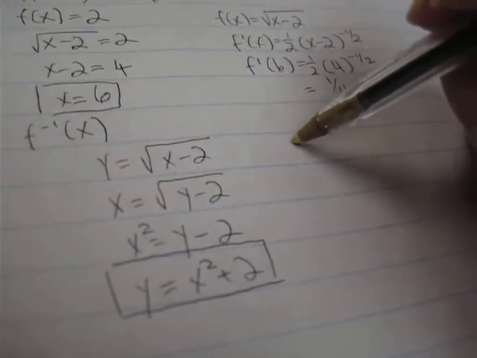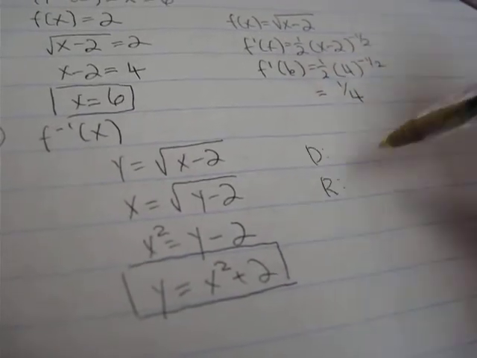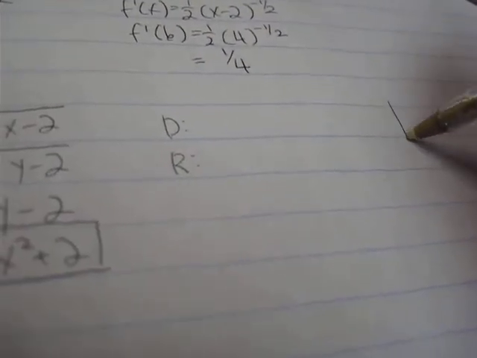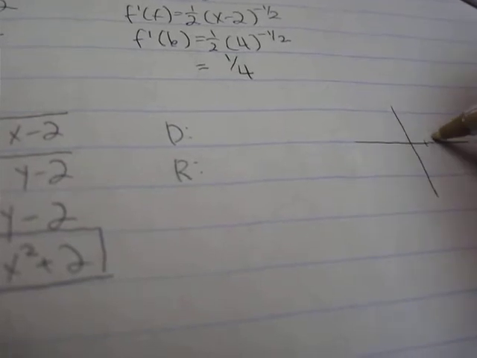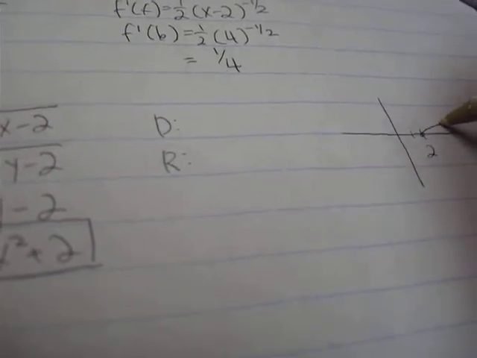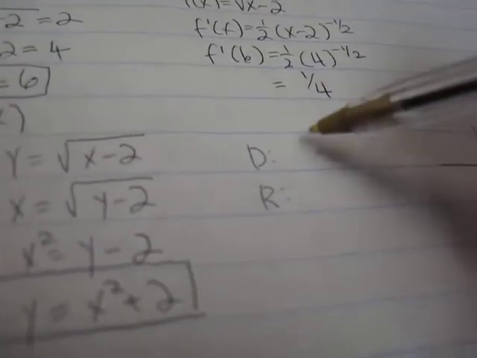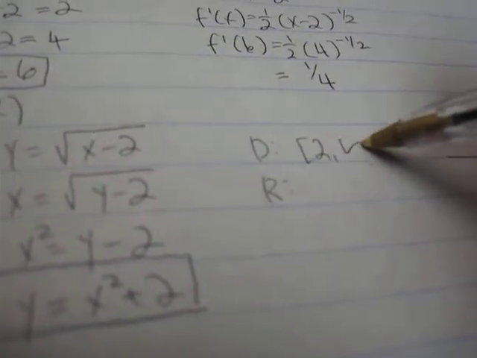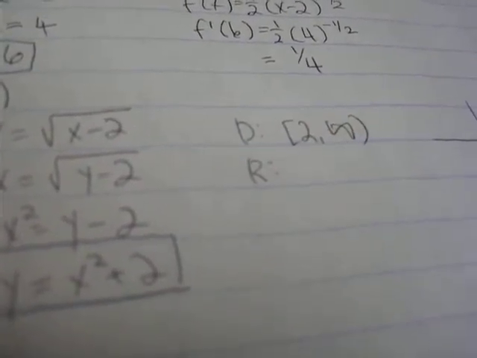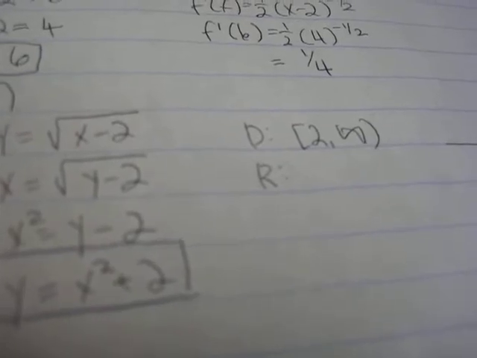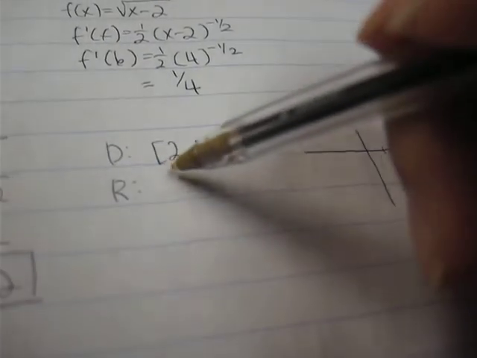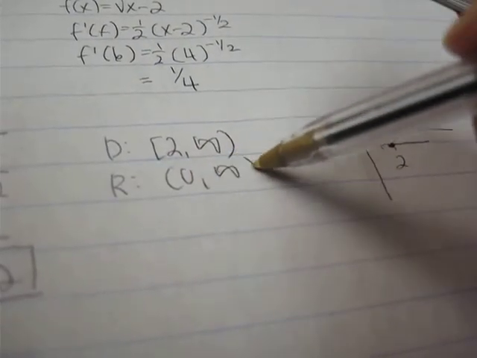And our next part is to find the domain and range. To do that, we can look at the graph. The domain, which is the x value, starts from 2 and goes to infinity. And the y values go from 0 to infinity.